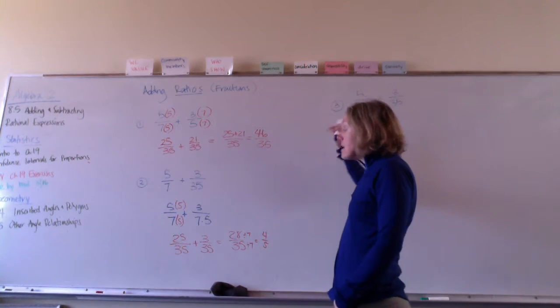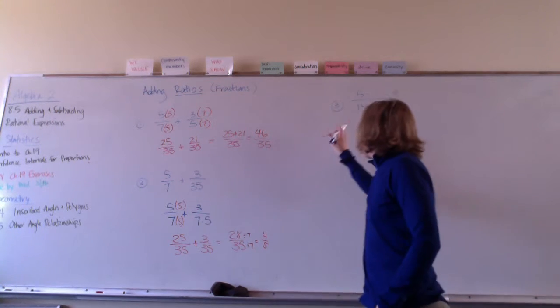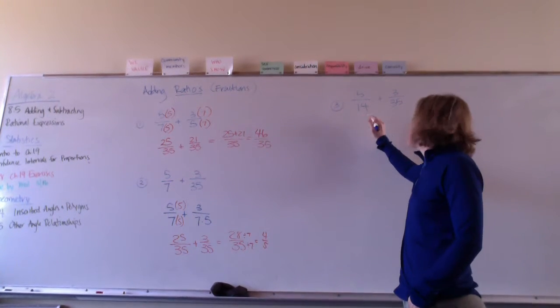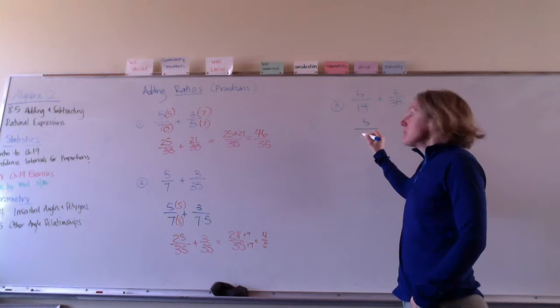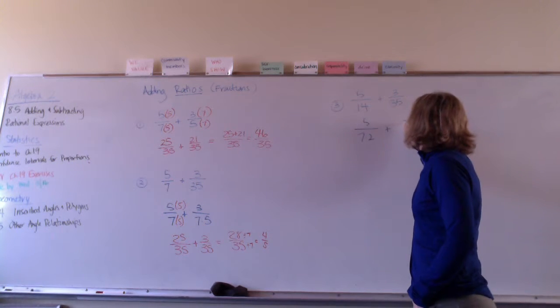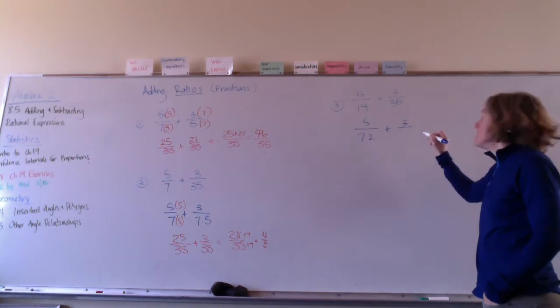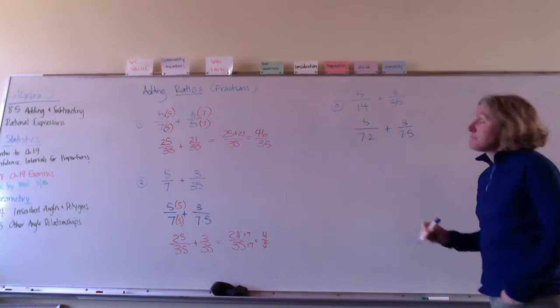Okay, so here, Patrick, I'm going to answer your question. How do I want to write 14? 7 times 2. And how do I want to write 35? 7 times 5.